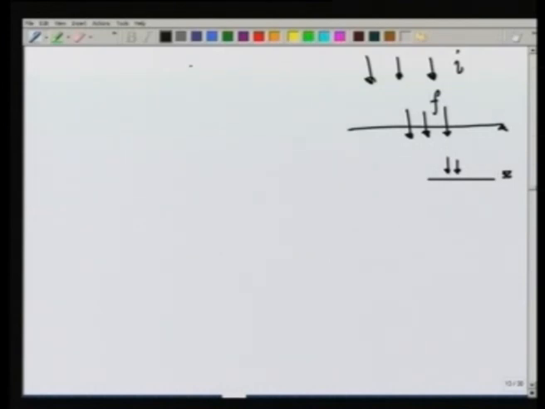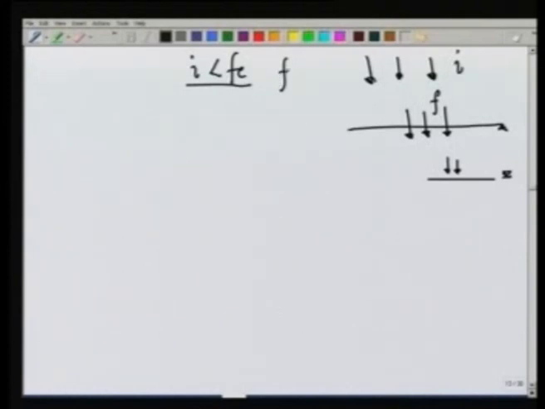For example, if I is less than Fc, that means the rainfall intensity is smaller than the infiltration capacity. So, it means that all the rainfall can be infiltrated, and therefore, F will be equal to I. So, this tells us that the ground, depending on the soil conditions, has a certain capacity to infiltrate water, which is called the infiltration capacity Fc.